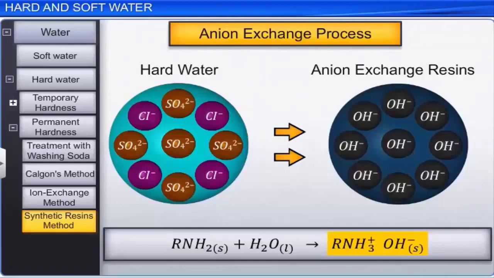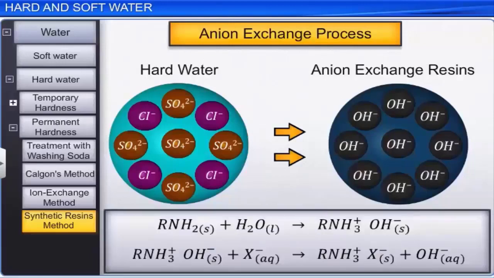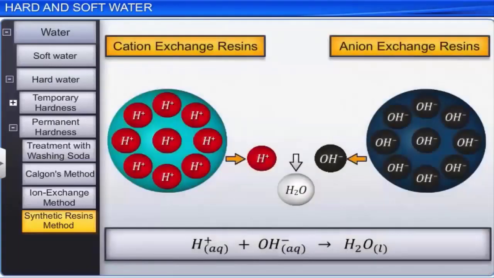The reaction that takes place is RNH3+ OH- reacts with X- to give RNH3+ X- and OH- ions, if X is chloride ion. The released OH- ions neutralize H+ ions.